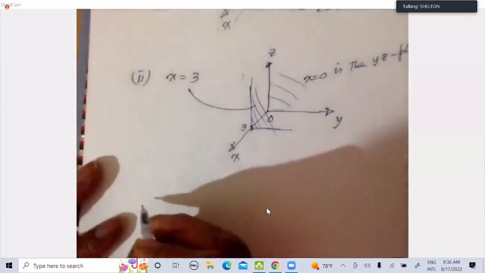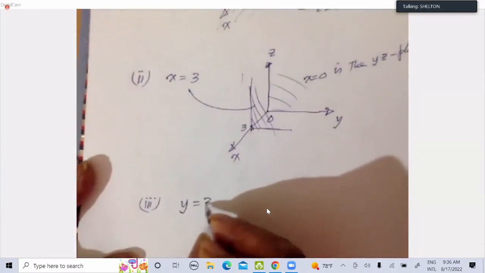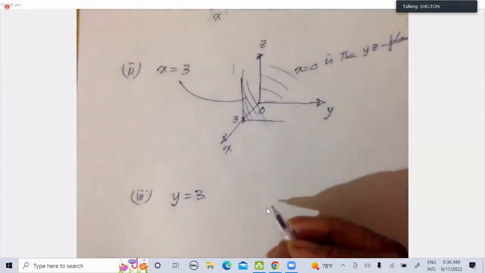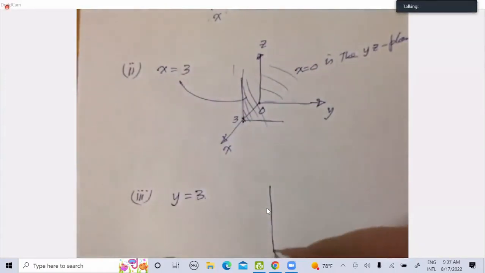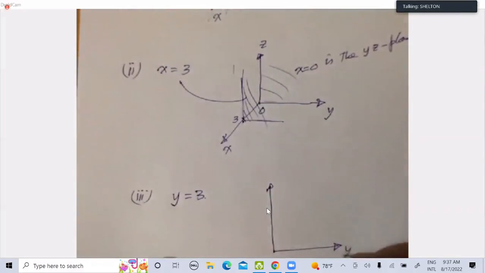So third one, plot the equation y equals 3. What is the graph of this equation? Remember, YZ plane is the plane of the paper.